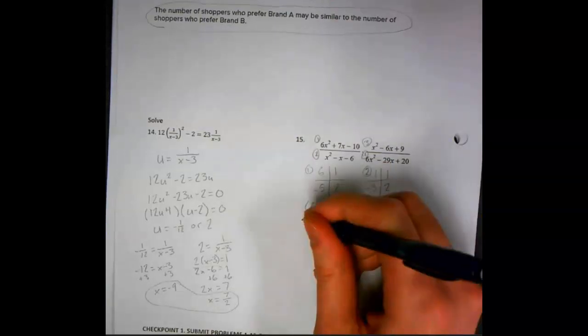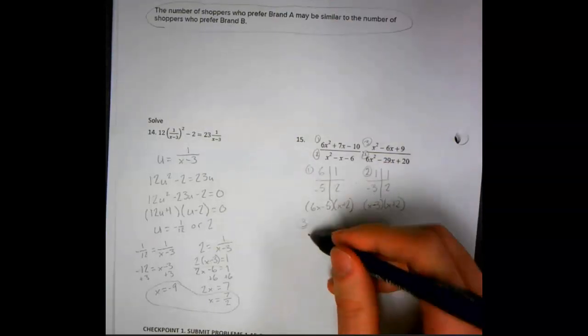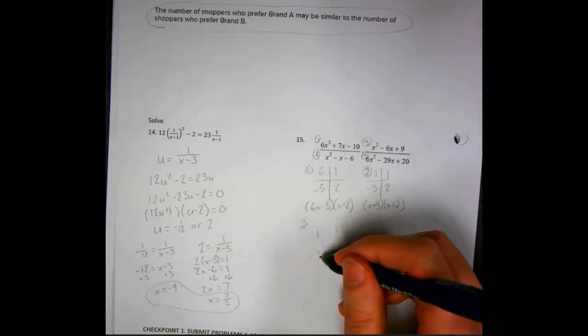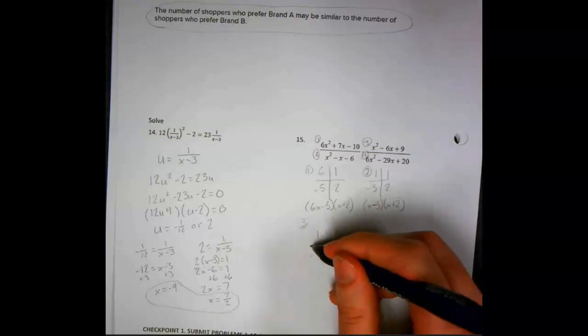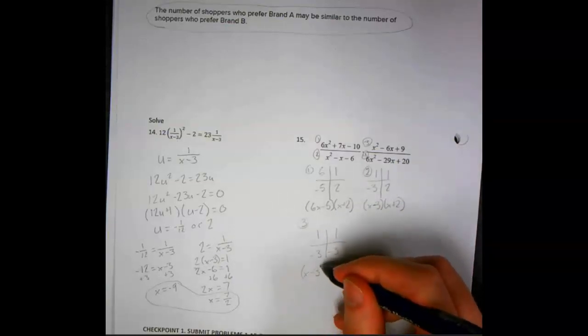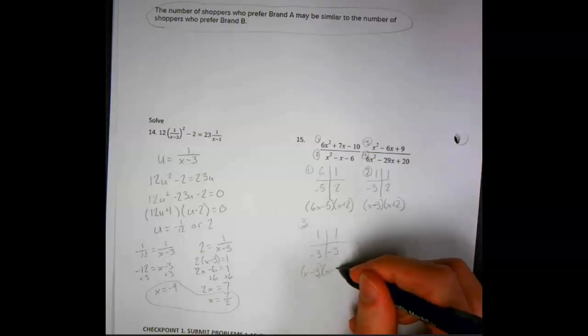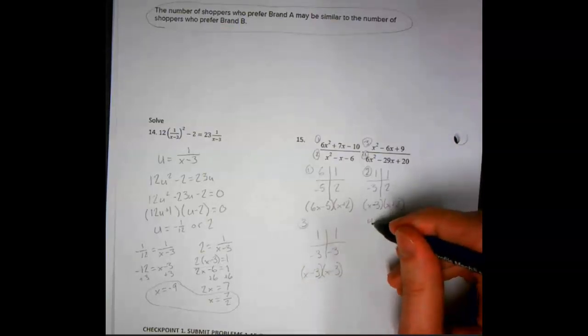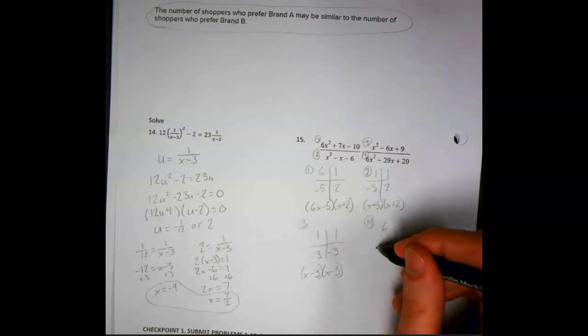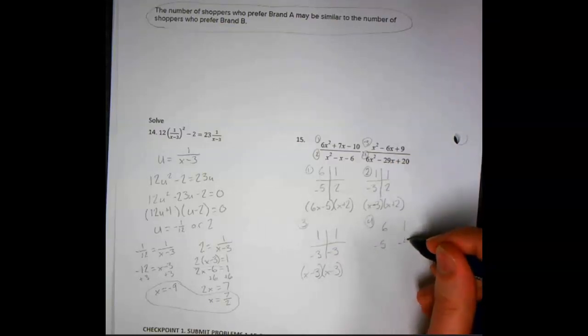For our third one, we'll have 1 and 1, negative 3 and negative 3. And for our fourth one, we'll have 6 and 1, negative 5 and negative 4.